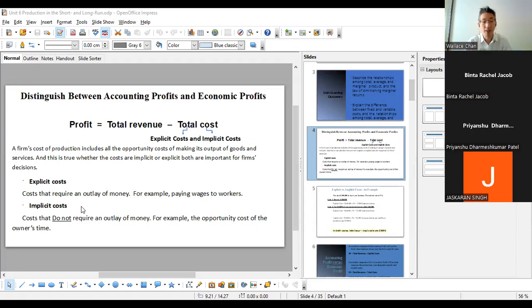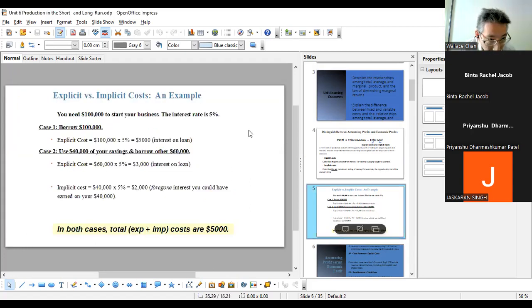In other words, the opportunity cost that may not involve money, but is still a cost that economists will consider. Make sense? Now let's take a look at explicit versus implicit costs.